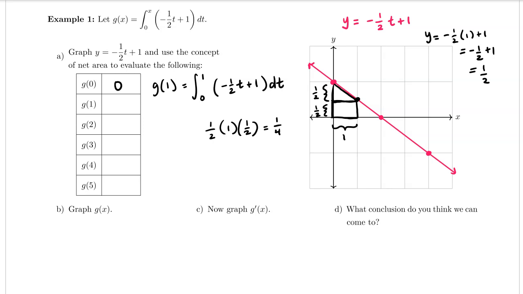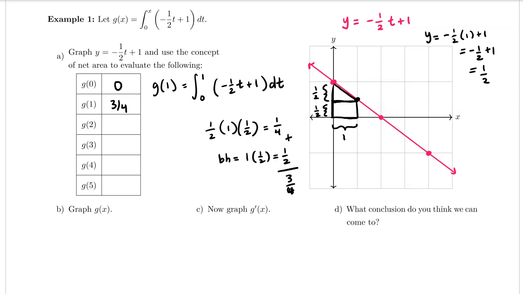And then for the area of the rectangle, it's the base times the height. In this case, the base is 1, and then the height is 1/2. So if I multiply those together, I get 1/2. And I want to add these two numbers together, and 1/4 plus 1/2 is 3/4. Okay, so that means that when I plug in 1 into my g function, my output value ends up being 3/4.